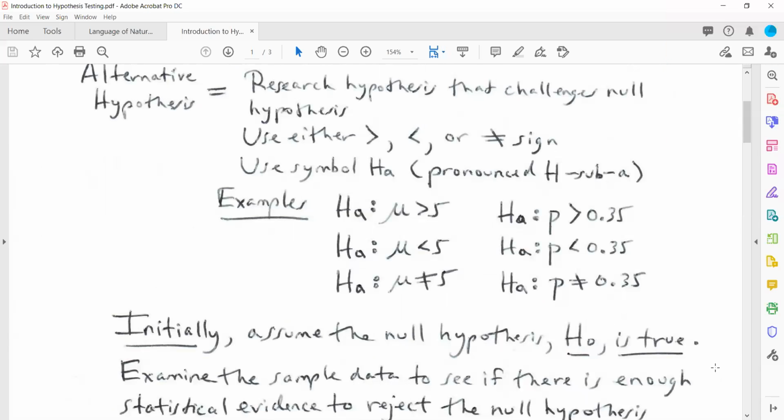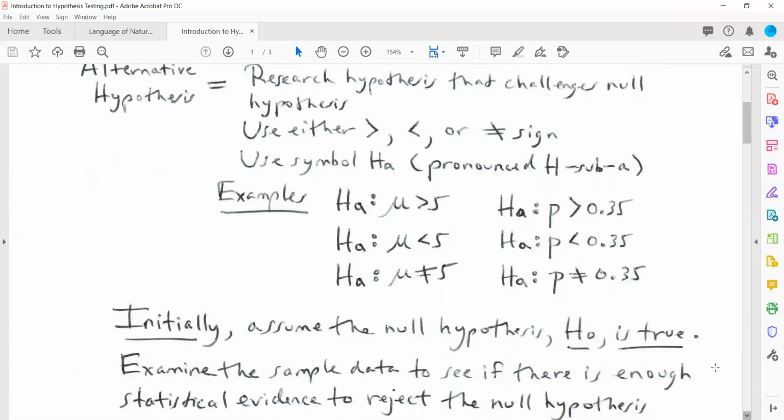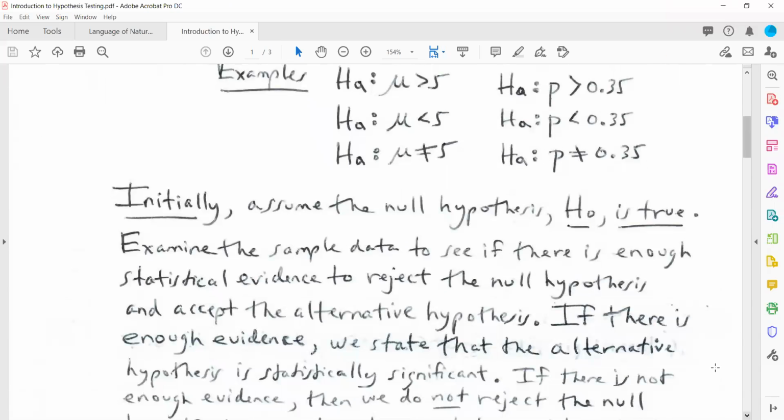Okay. Now, in hypothesis testing, and this was brought out in the video that I posted last Wednesday. And by the way, there was a video within the video, so just know that, with Dr. Williams. She mentioned it, and I think I mentioned it too, that initially we make the assumption that the null hypothesis is true.